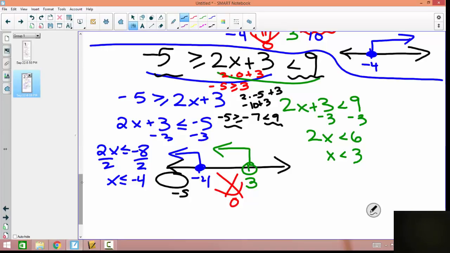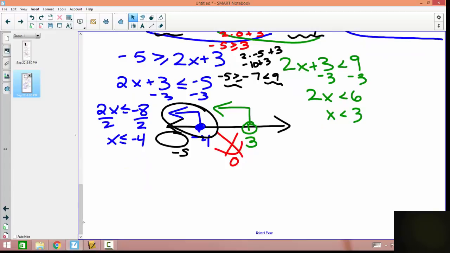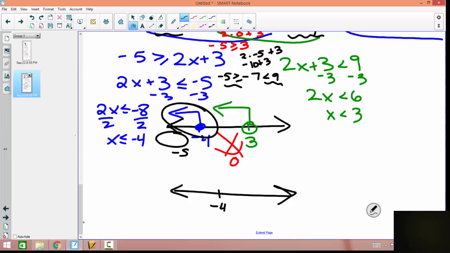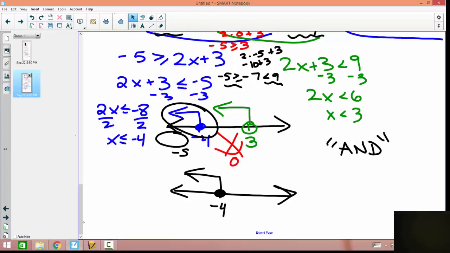Yes, that is true. So this situation, just the blue, is what you're going to graph. So the grand finale of this graph is negative 4 and below. And so this situation is an and situation. And the easiest way is really just to plug it in and make it make sense. It's really hard to memorize which way the Pac-Mans go compared to the size of the numbers means what.